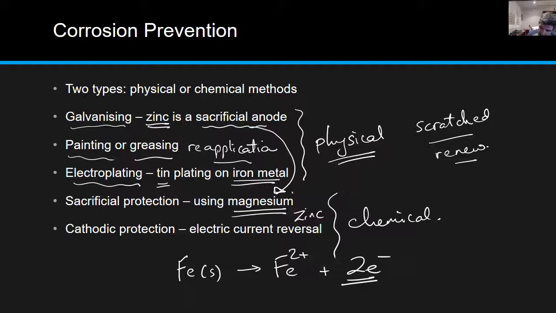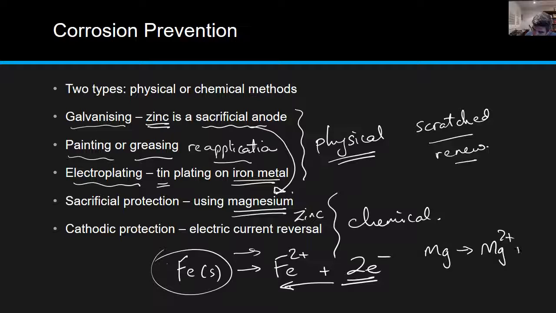So it's actually the electrons that we don't want it to lose. We want to push these electrons back basically and stick them back onto the iron, keep the iron intact. But because of the activity of iron, it will readily lose these electrons. And so because magnesium over here is more likely to lose its electrons, it can kind of force them back into the iron and carry out that oxidation step itself.